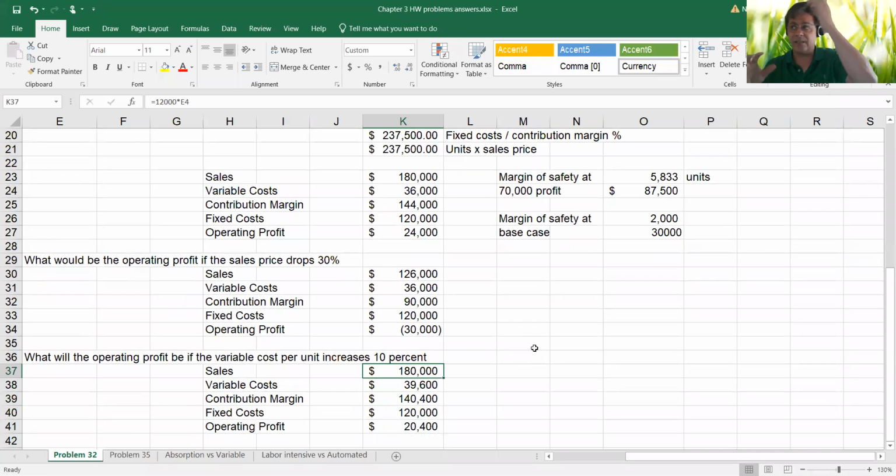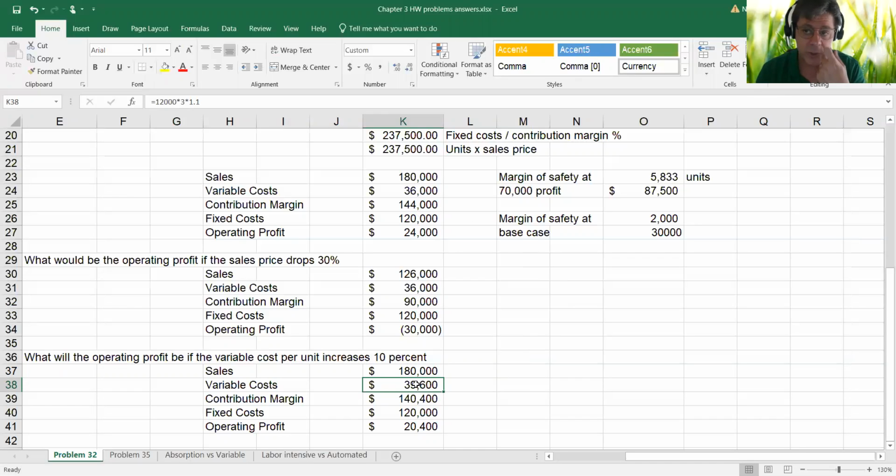So the second sensitivity analysis, or change in the variables, they wanted us to try didn't affect sales. So notice that our sales are the same as back here in the base case. But instead, our variable costs are going to go up by 10%. So the easiest way to make something go up by 10% is to multiply it by 1.1.